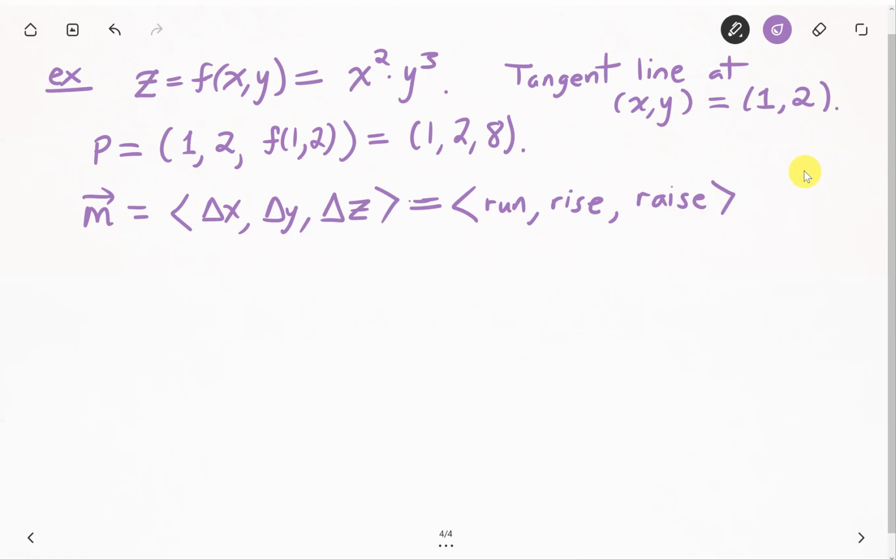Right, how are we going to calculate these different changes? Well, changes are measured by derivatives. Right, and so in particular, the change in z, the change in the height, that's measured by dz dx. In this case, I need to make this clear right away, this is for a tangent line in the x direction.